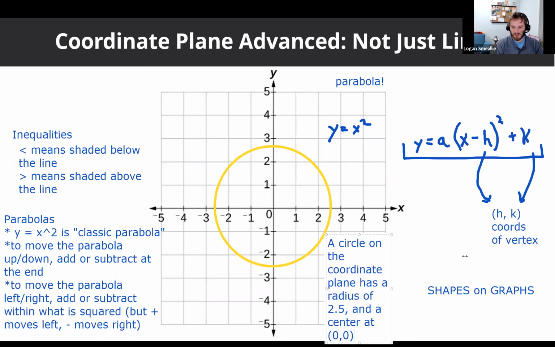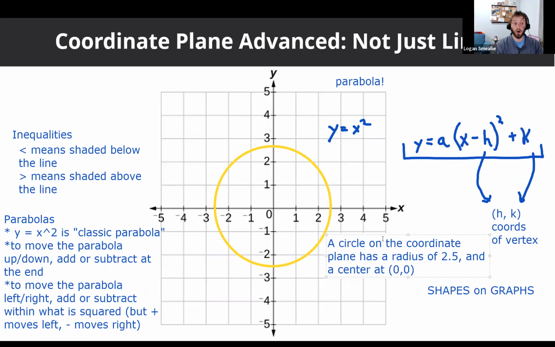That's the type of question they might ask, planting a shape on the graph. And then they might ask you to find some of the coordinates. So in this particular one, if they asked you what's the coordinate there, you could say 0 for x, 2.5 for y, knowing that the radius of 2.5 has got to be the distance from 0 up to that point.